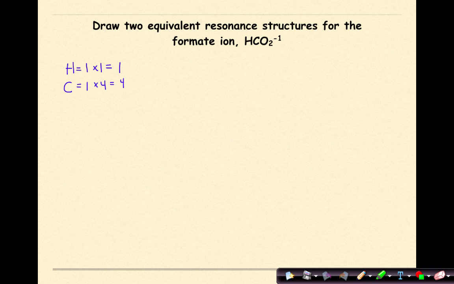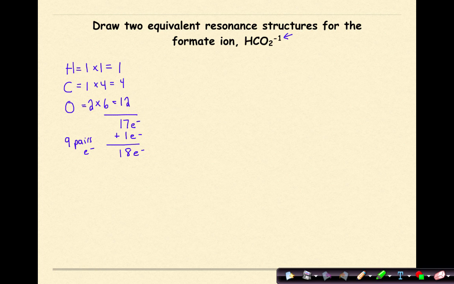We have 2 oxygens times 6 valence electrons, which is 12. If we add these all up, we get 17 electrons, but we have to remember this little -1 charge, which means we get to add on 1 more electron, which gives us an even number of electrons to work with, which means we have 9 pairs of electrons.